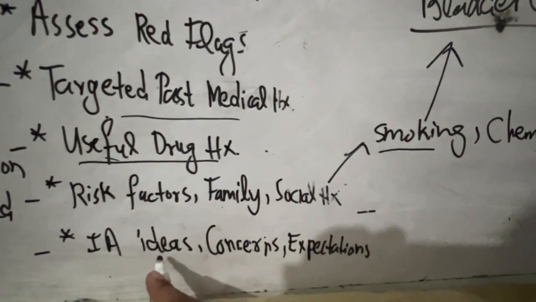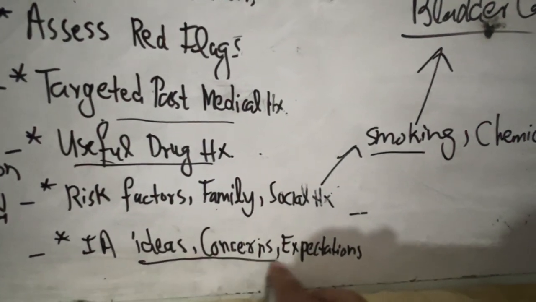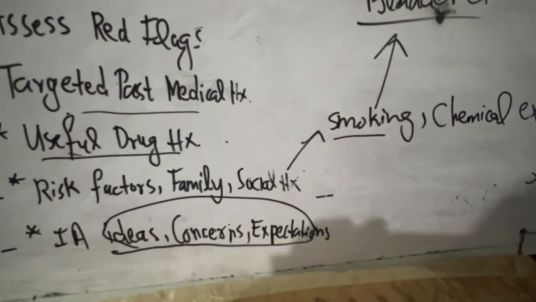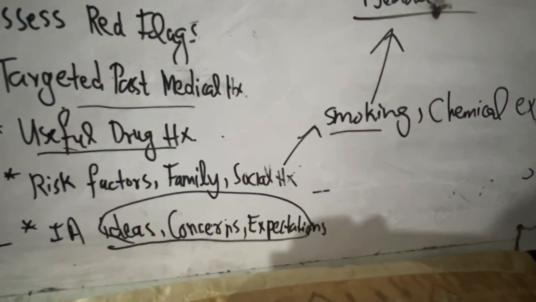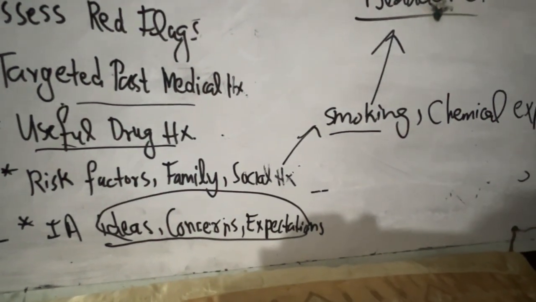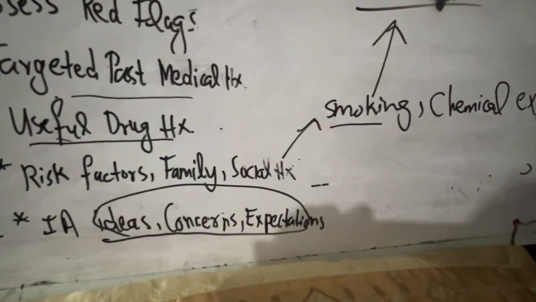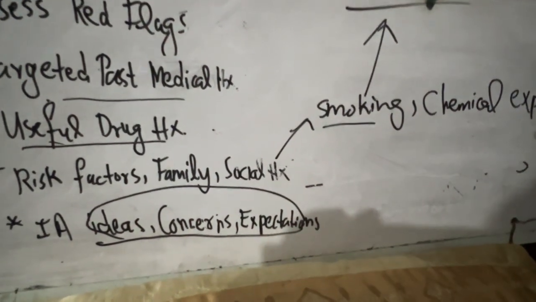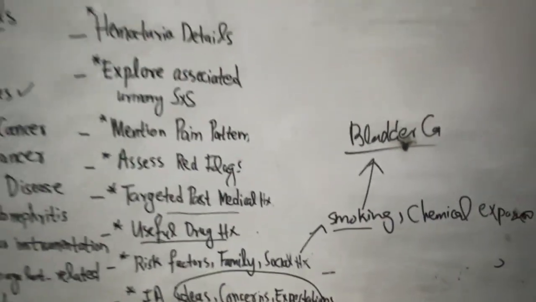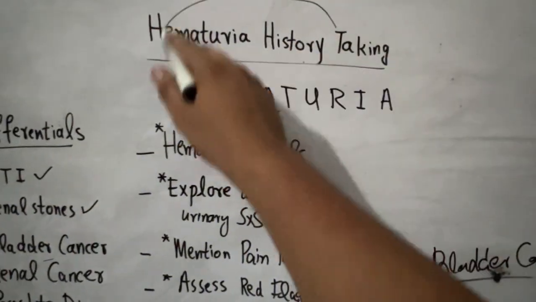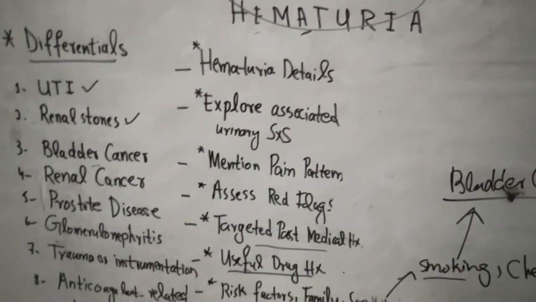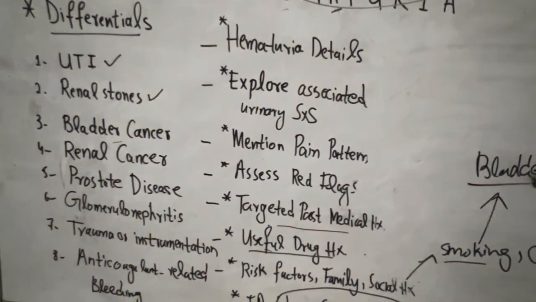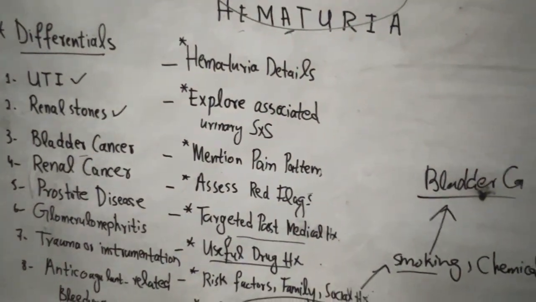After that, we will ask about the patient's ideas, concerns and expectations: what the patient thinks about this problem, this hematuria, what worries them the most, and what their expectation from the doctor is. We should think about these diagnoses while taking history from a patient with hematuria.